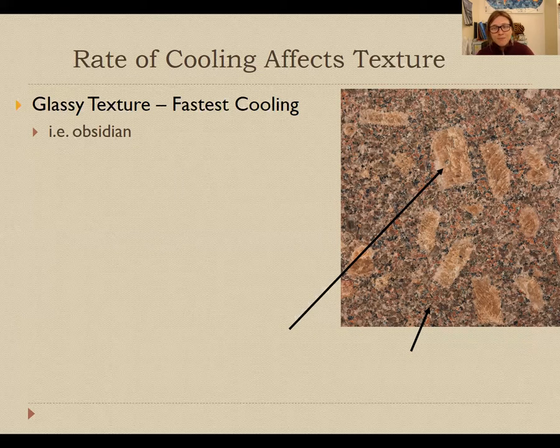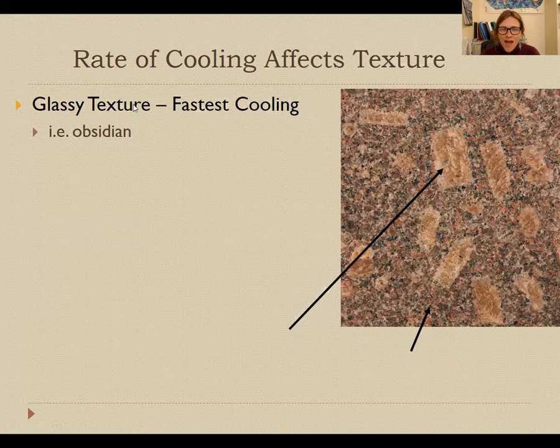So sometimes melts cool so quickly that they form a solid before they really get their ducks in a row. They get into this mineral crystal structure, this crystal lattice structure of a particular mineral. And when that happens, we get a glass as opposed to a true mineral. And so obsidian is an example of a volcanic glass where a melt cooled so quickly that it didn't actually form any of these true minerals at all.